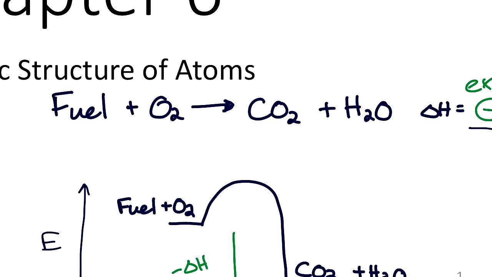But let me ask you this. As humans, we eat food, we breathe oxygen. What are our products then? If we eat food, breathe oxygen, what do we exhale? Or like what are our products in this case? CO2, right?